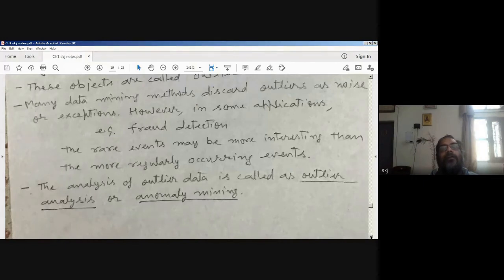And in some cases, such phenomena becomes important for administrative authority, district police, etc. Okay, so the rare events may be more interesting than the more regularly occurring events.